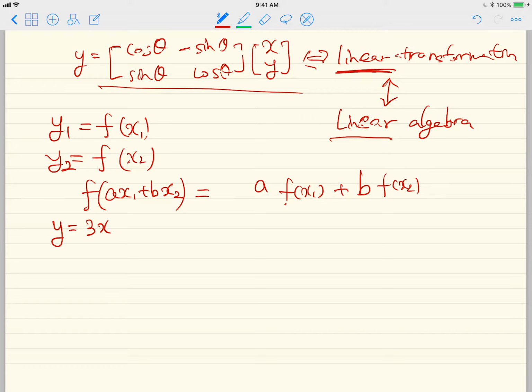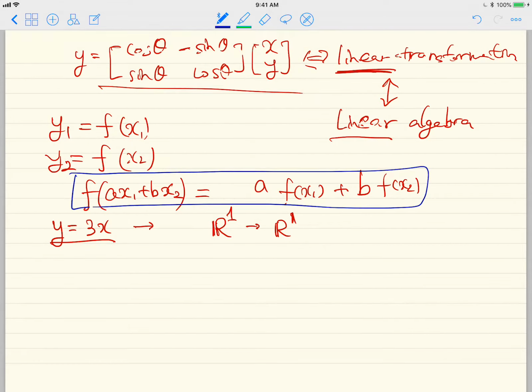Okay. So in this particular case, we consider the domain as a one-dimensional vector or scalar value, and the output is also a one-dimensional value, right? Okay, and then is this function linear? Yes, it is.